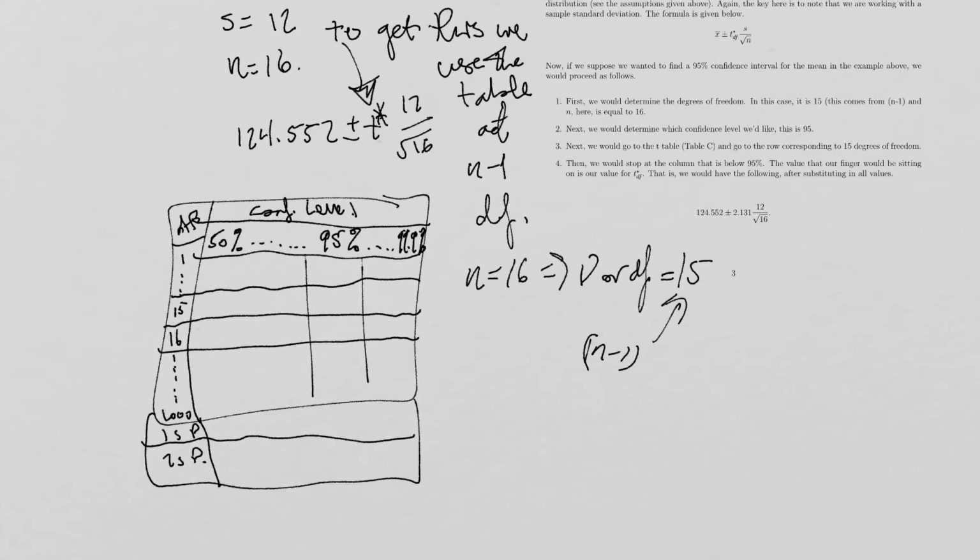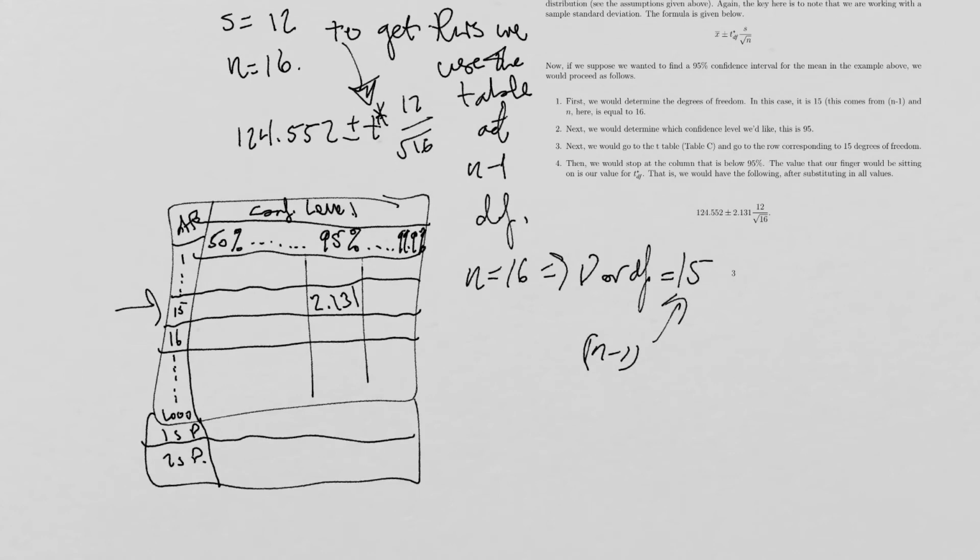And so we go on our t-table, and we find 15. You'll see the confidence level part above, and we'll see degrees of freedom right there, and we're just going to find their intersection. 95% confidence interval, 15, and you'll find the value 2.131.